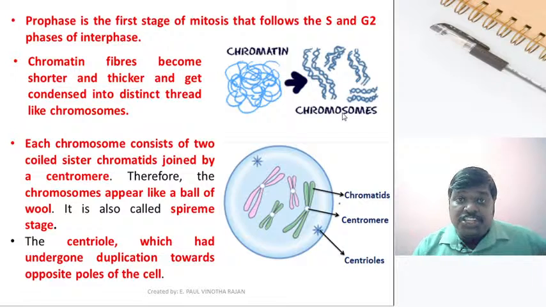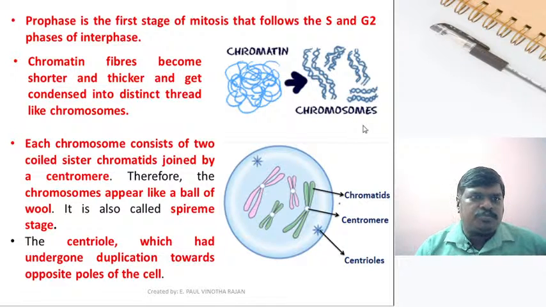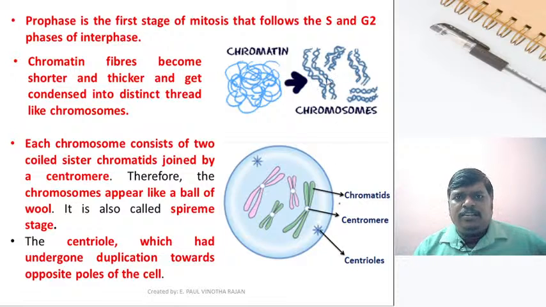That's called the condensation process, and they become chromosomes. And these structures we are seeing are called chromatids. These chromatids are joined at a particular point by a structure called the centromere. Got it? Centromere.